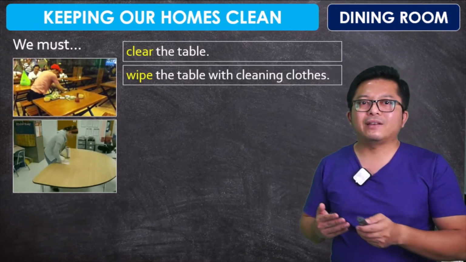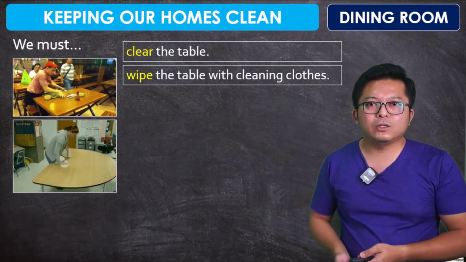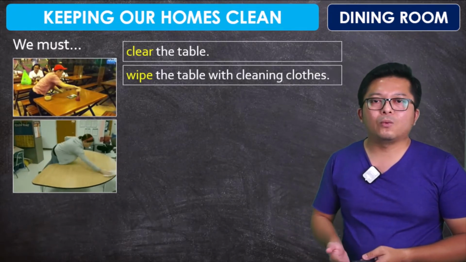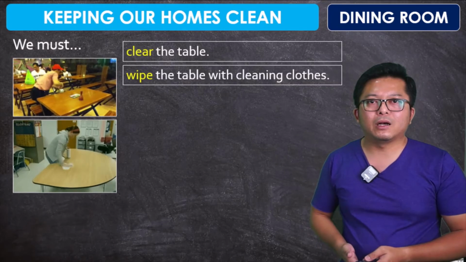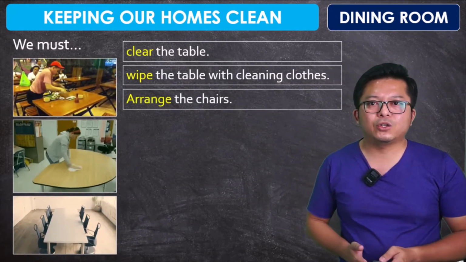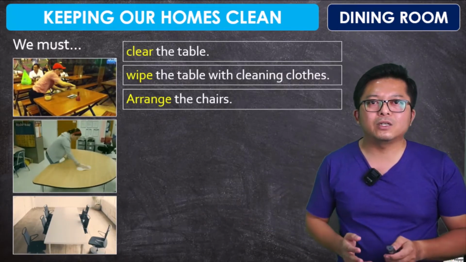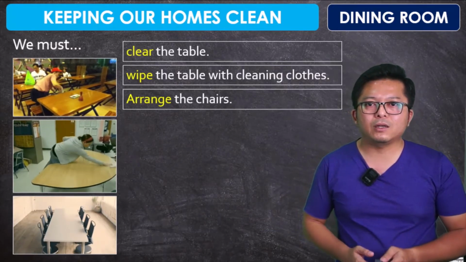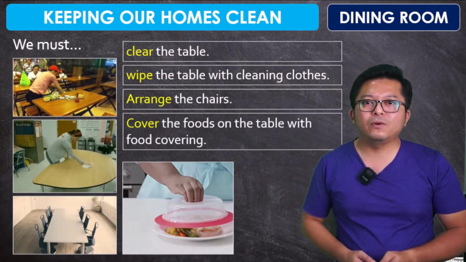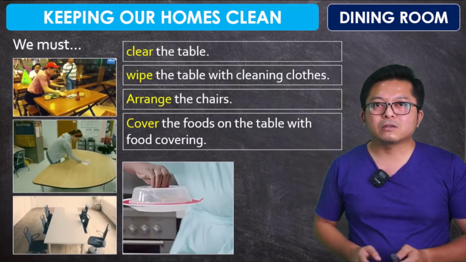Now after we have had our dinner or lunch, we clear the table and wipe the table with a cloth, and then arrange the chairs like this one. So you need to arrange the chairs after using, and then cover the foods on the table with a food cover.